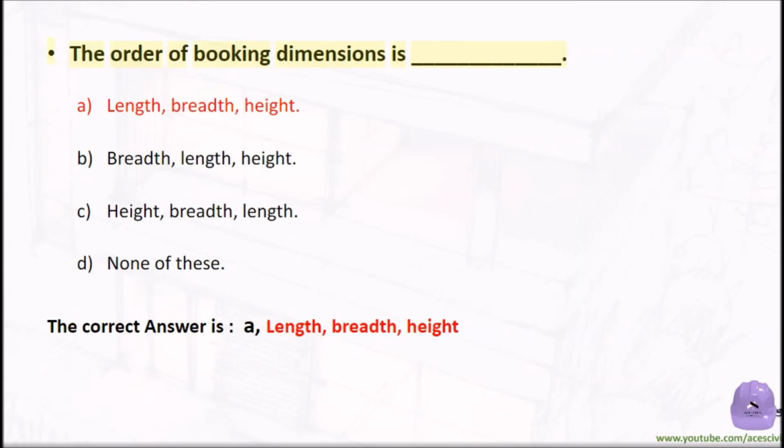The order of booking dimensions is: A. Length, breadth, height, B. Breadth, length, height, C. Height, breadth, length, D. None of these. The correct answer is A. Length, breadth, height.